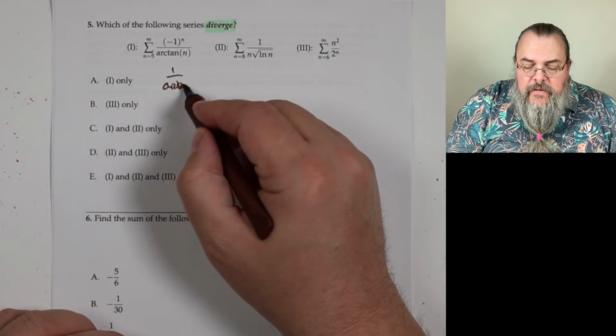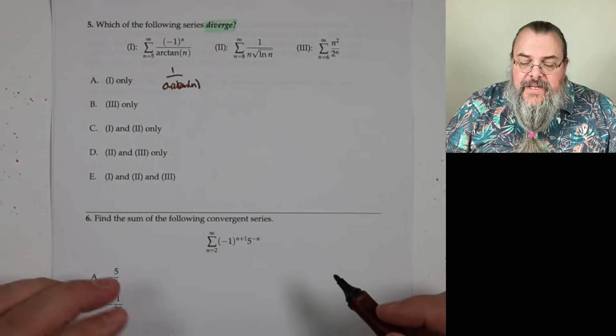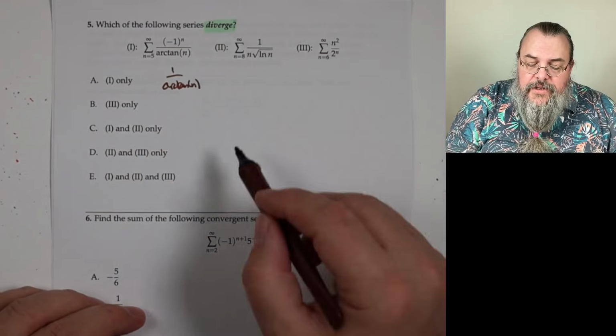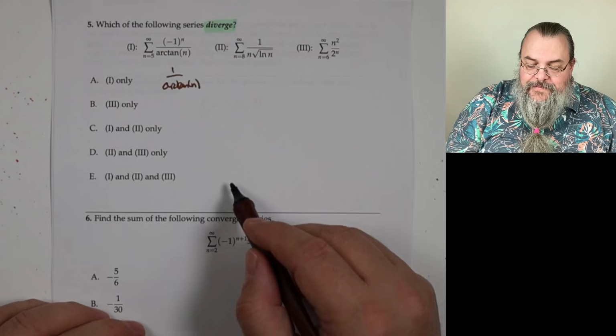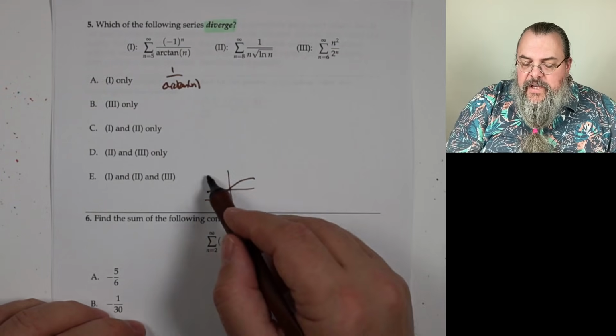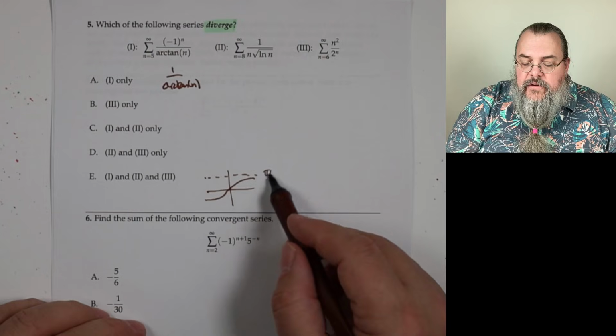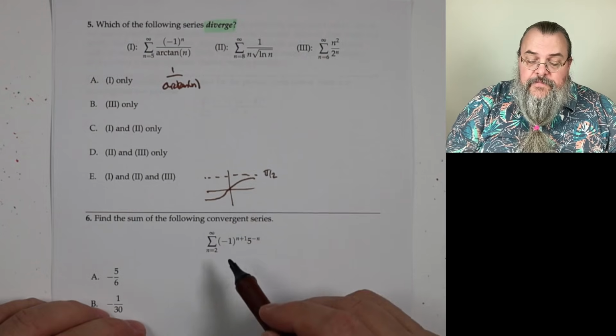Well, that has the question, what's happening to arctangent? And if you know arctangent, who doesn't know arctangent, then you know that arctangent has this behavior. For large values, it's approaching an asymptote of pi halves.